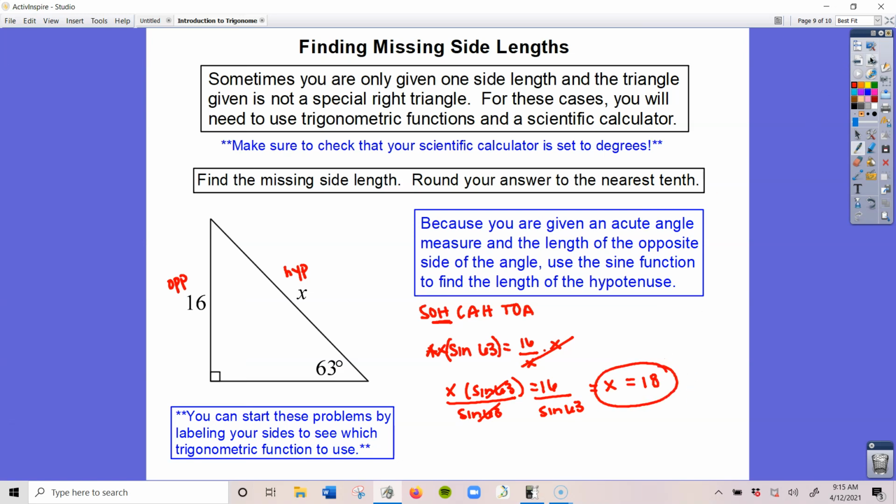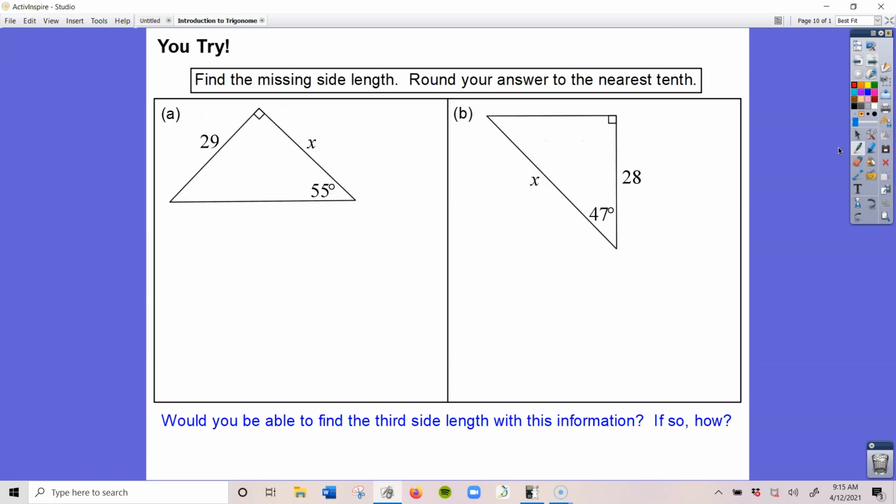Let's try a couple more. We have here this missing side, x. So first I'm going to label what I have. The 55 degrees is my angle, and the side directly across is 29, so this would be my opposite. Now this one here is my hypotenuse, since it is the one that is across from the 90 degrees.